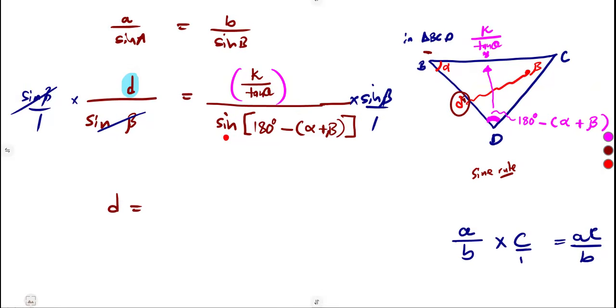All right? So meaning to say, it is going to be K sine of beta over what? The tan multiplies the 1. It's in the numerator, but it will be like sine beta over 1. So it's like tan of alpha times 1, which is the tan of theta.